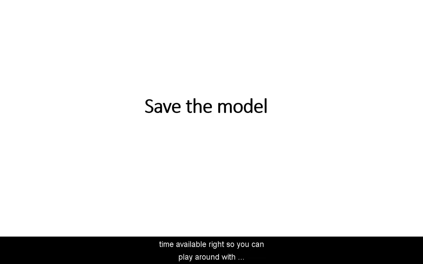So you can play around with improving your baseline model by tweaking the hyperparameters of the CNN, by adding more convolutional layers to the CNN, by adding more fully connected layers to the traditional neural network part of the CNN, and so on, right? But once you decide your final model, that is the model which gives you the maximum performance on your data set, it is time that you save that model, right?